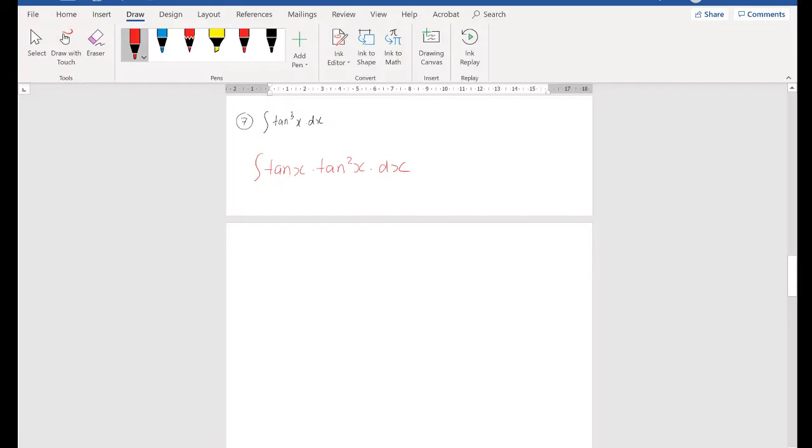And I know that tan squared x, I could make even simpler, is tan x times sec squared x minus 1. And if I expand that, I get tan x sec squared x minus tan x dx.